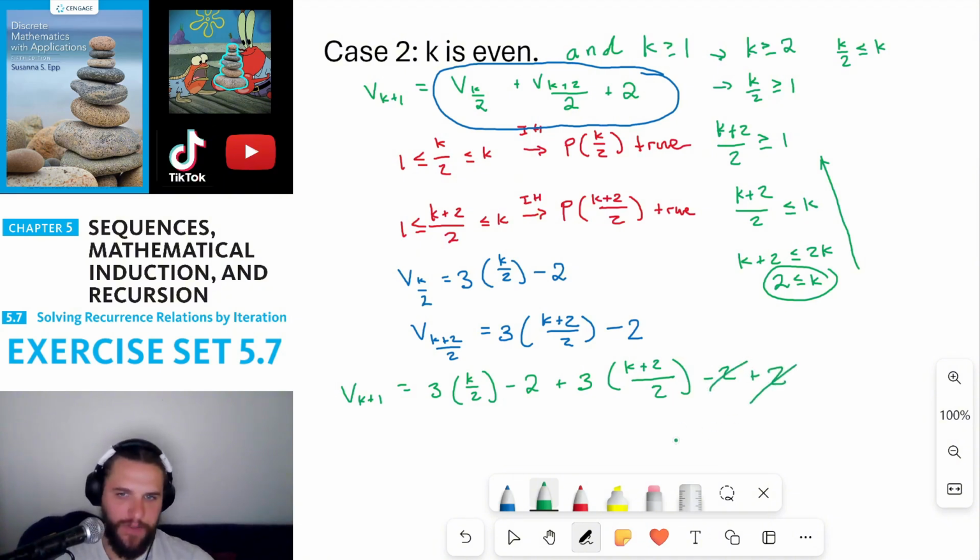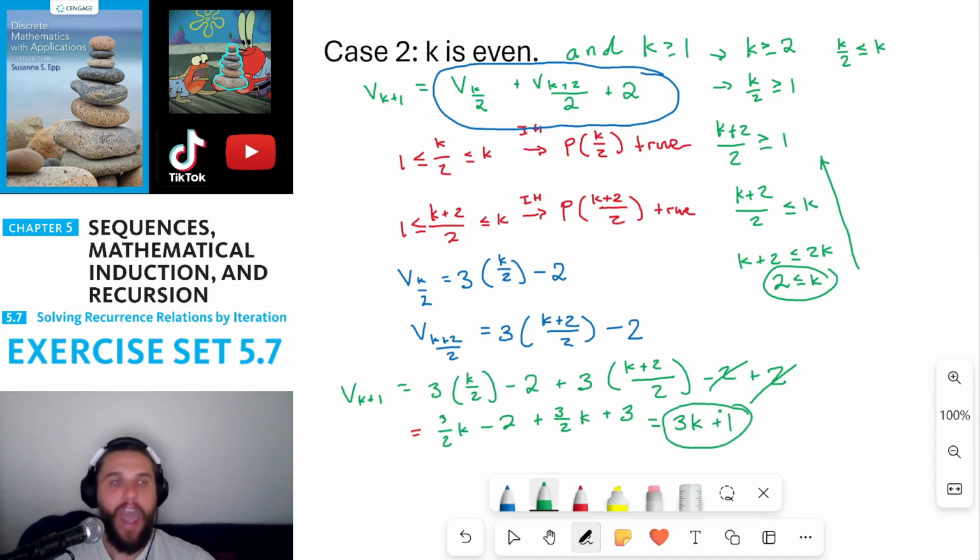These 2's cancel, and we can distribute the 3 to get 3 halves k minus 2 plus 3 halves k, and then 2 over 2 is just 1, and if you distribute the 3 to that 1, you get 3, so this is plus 3. 3 halves plus 3 halves is just 3, so this is 3k, and then minus 2 plus 3 is plus 1, and we get 3k plus 1 again.